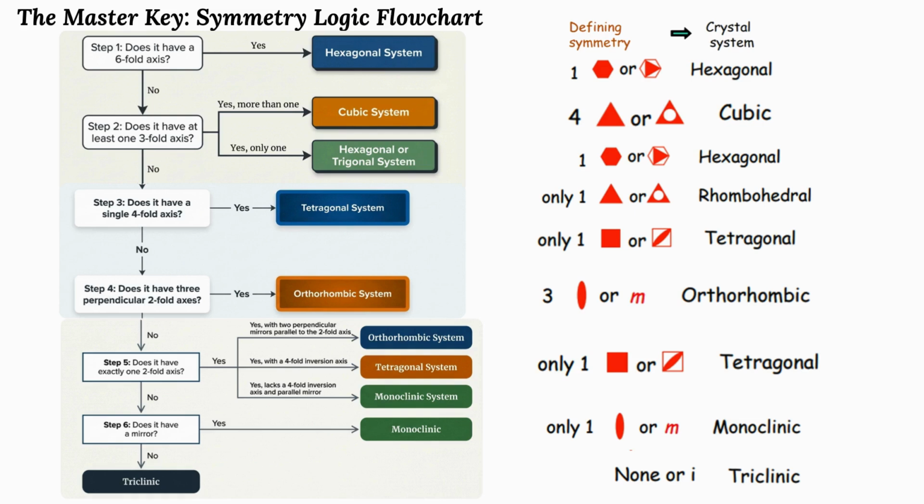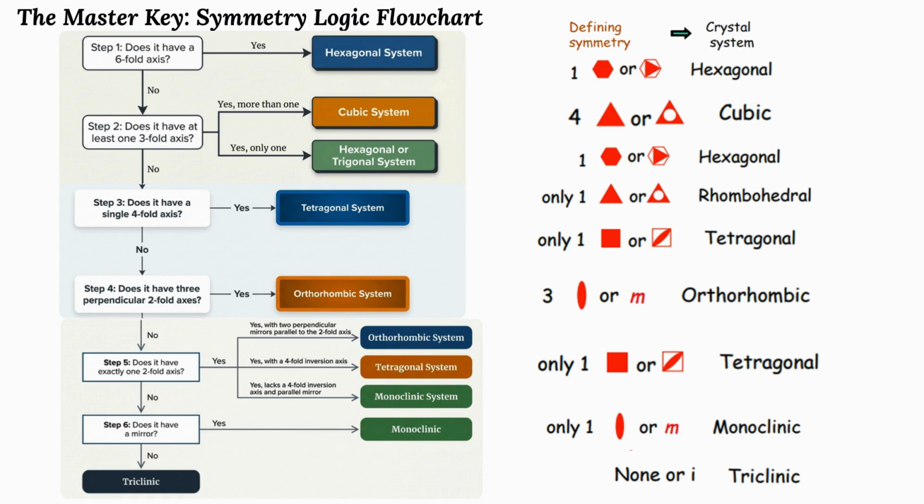If not, then we check how many threefold axes. If more than one, then possibly it is a cubic system. If only one threefold, then it is trigonal or hexagonal. And does it have fourfold? Fourfold is the representation we get only from tetragonal. Even if we don't have sixfold, threefold or fourfold, then you have to check for twofold.